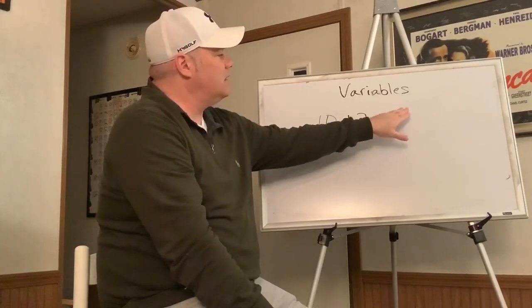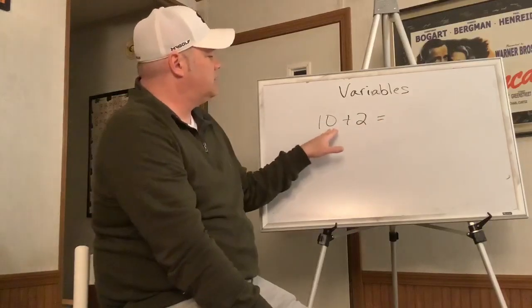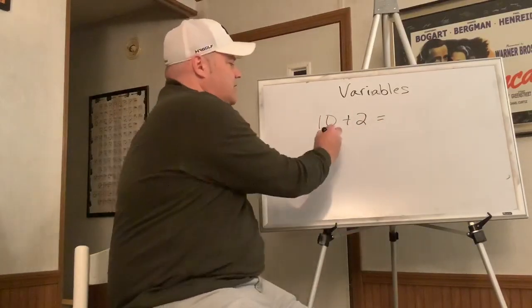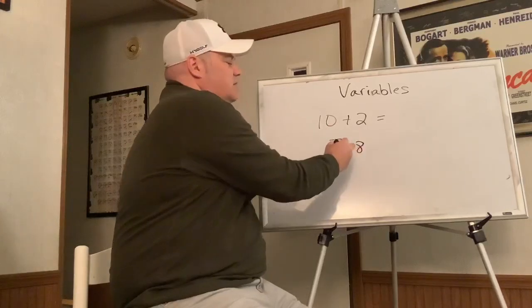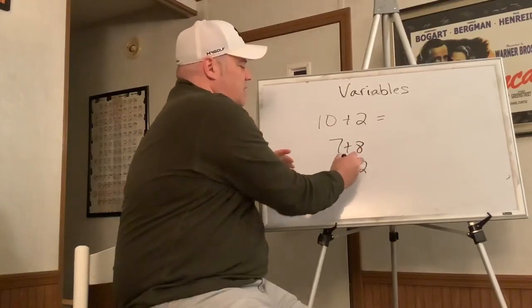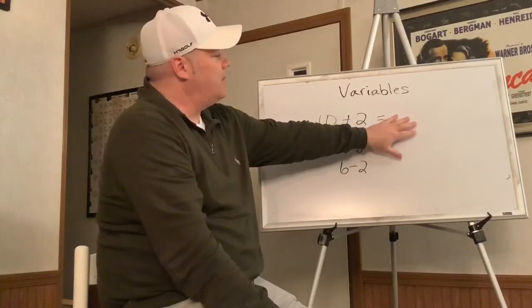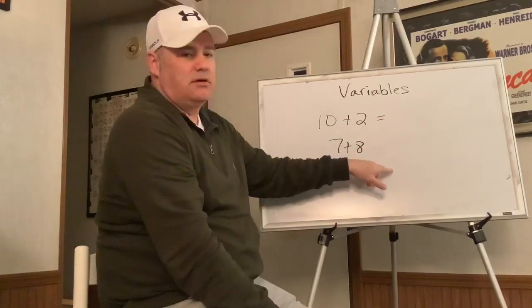And the unknown is over here, where we're solving problems like 7 plus 8, 6 minus 2. And so we just think that we're doing a math problem and our answer's going over here, and it is, but the unknown is always what it's equal to.